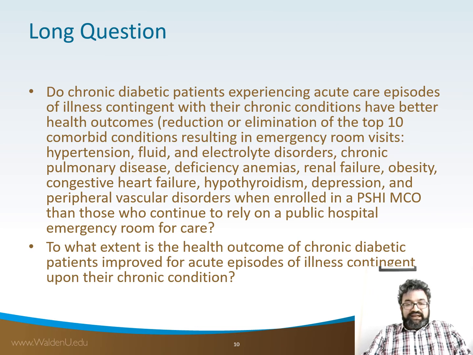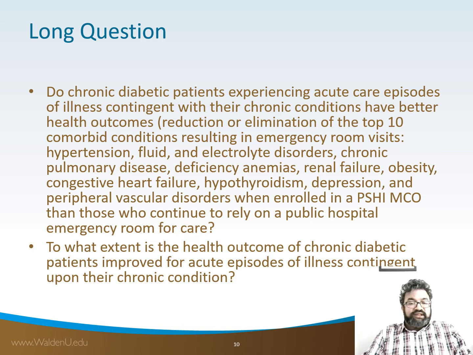Do chronic diabetic patients experiencing acute care episodes of illness contingent with their chronic conditions have better health outcomes, reduction or elimination of the top 10 comorbid conditions resulting in emergency room visits?